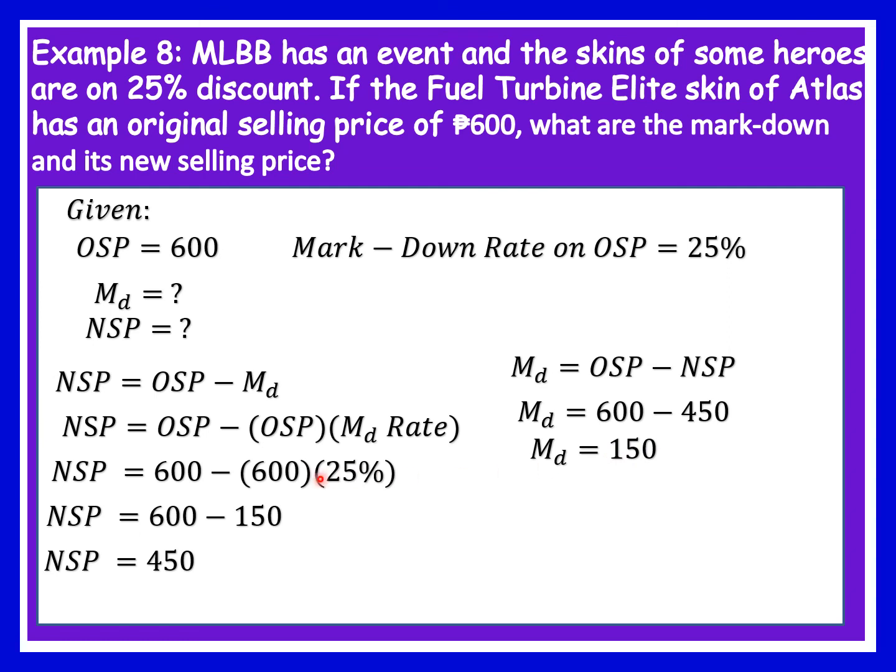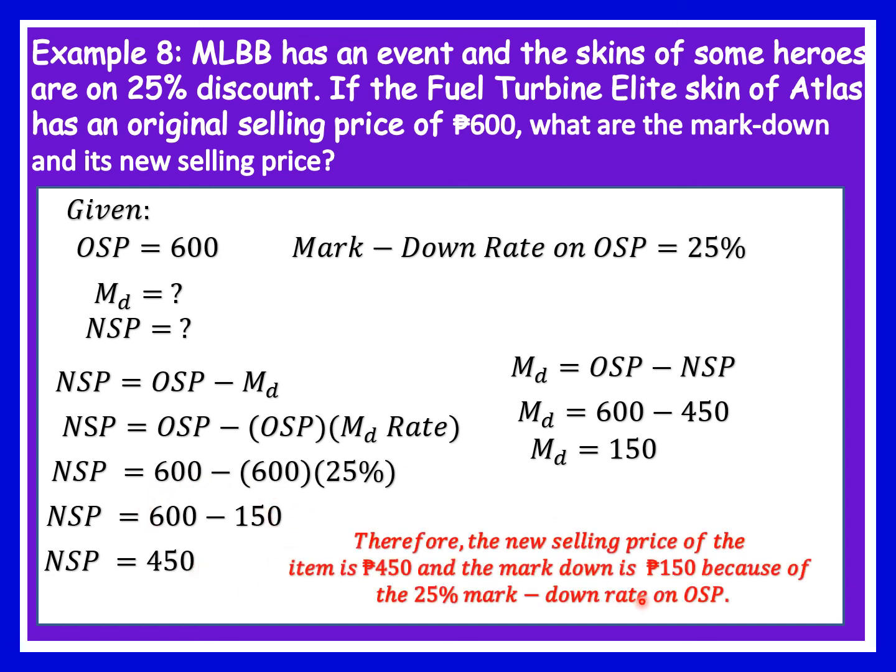So if we look at this, 600 minus the markdown, the new selling price is 450 pesos. Therefore, the new selling price of the item is 450 pesos and the markdown is 150 pesos. It is because of the 25% markdown rate based on original selling price.